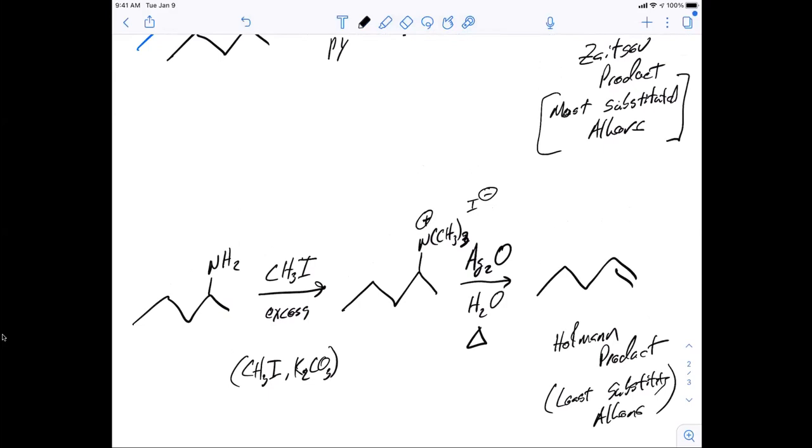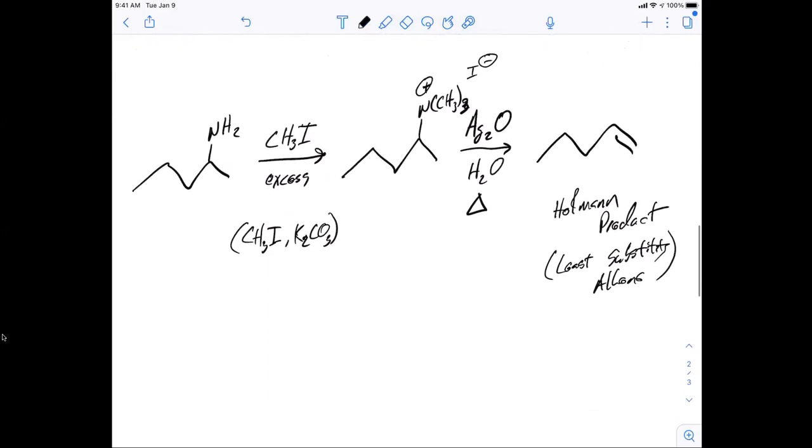This time we're activating as a quaternary salt. And then we're going to use this silver oxide and water. What happens with silver oxide and water is you actually make a silver hydroxide. So this compound is not stable, right?